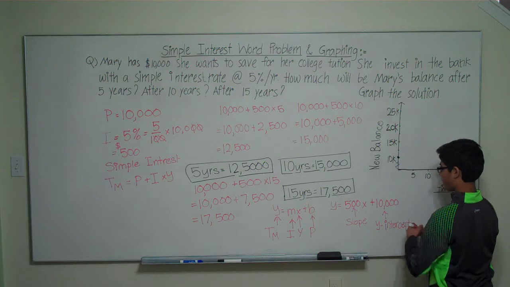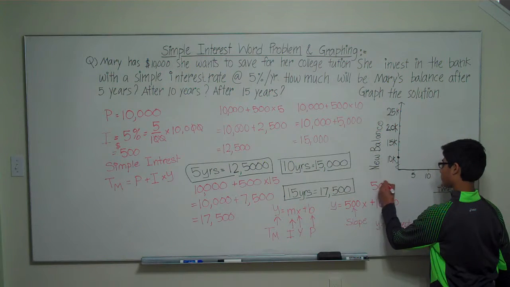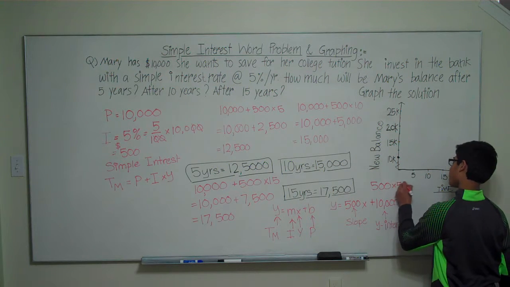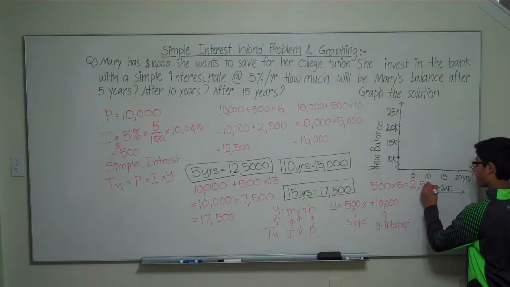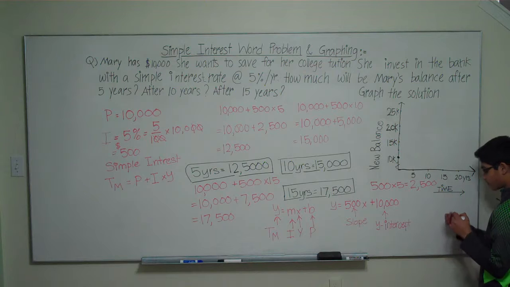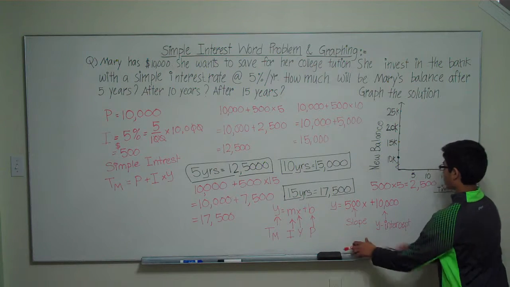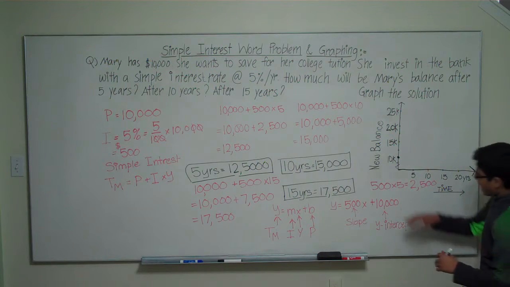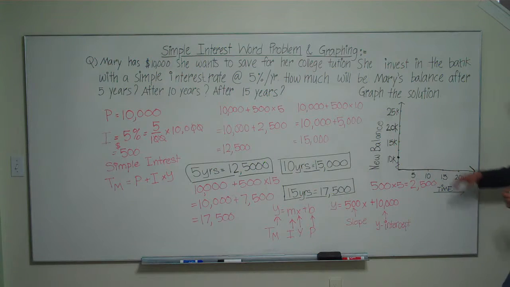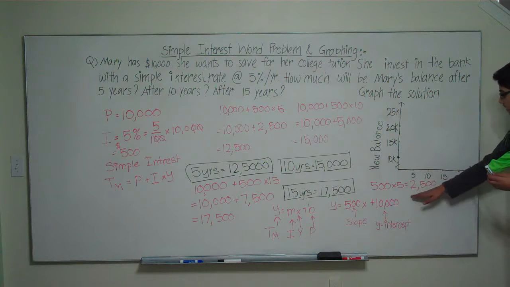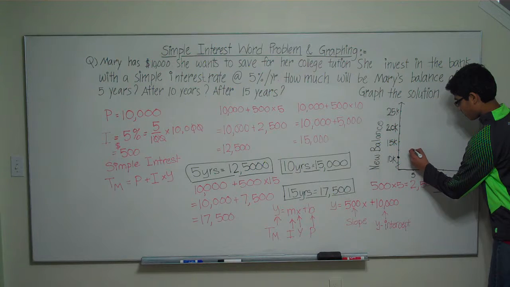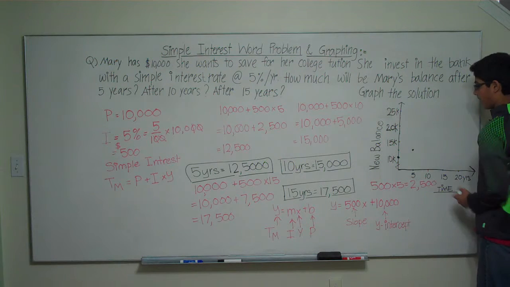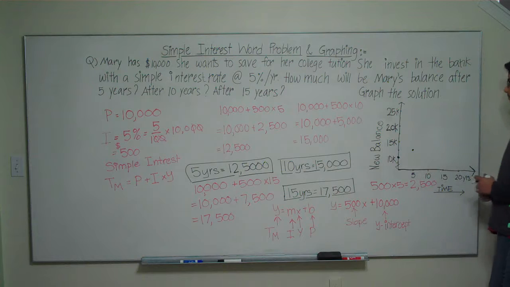So 500 times 5 is equal to $2,500. So, after 5 years, we get $10,000 plus $2,500, which is right here, $12,500.